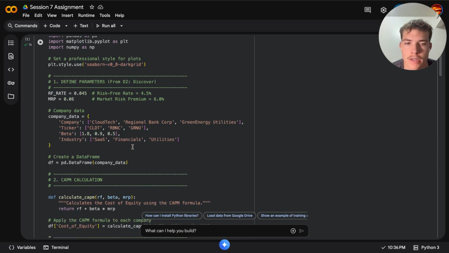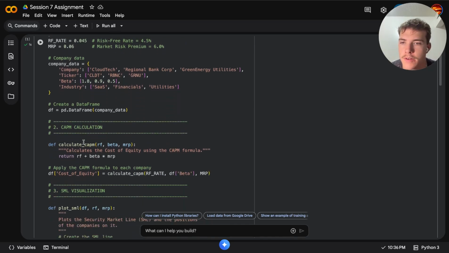So in section 2, with our data loaded, we move to the core calculation. We implemented the capital asset pricing model, or the CAPM, which is a foundational tool for what we're trying to do.